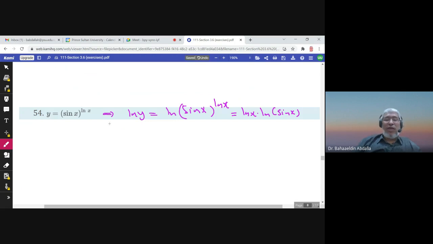So the derivative of ln y is y prime over y. And by the product rule, the derivative of ln x is 1 over x times ln sine x plus ln x times the derivative of ln sine x, which is 1 over sine x, times the derivative of sine, which is cosine.